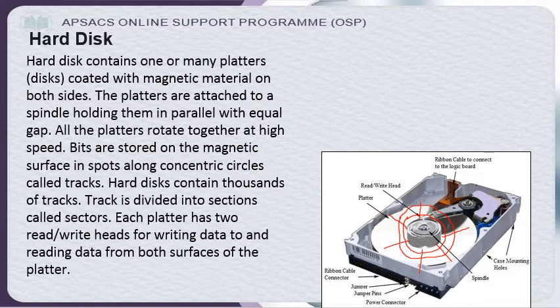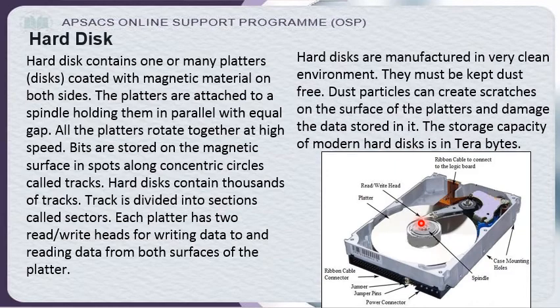Each plate has a read and write head, which is used for reading and writing data on this plate. This head will be available on both sides of the plate. Remember that. These heads are used to read and write data.